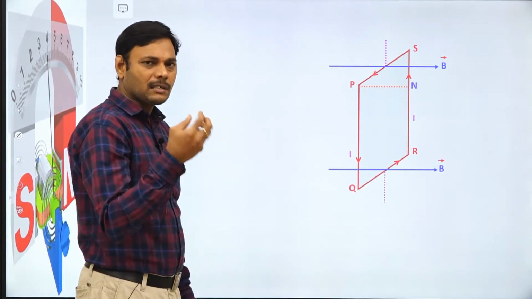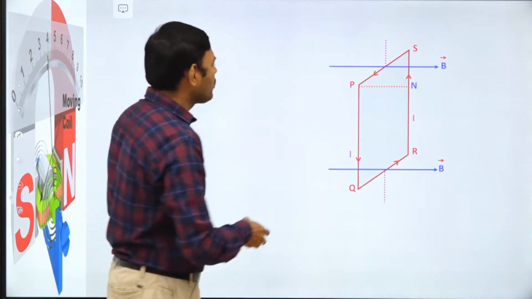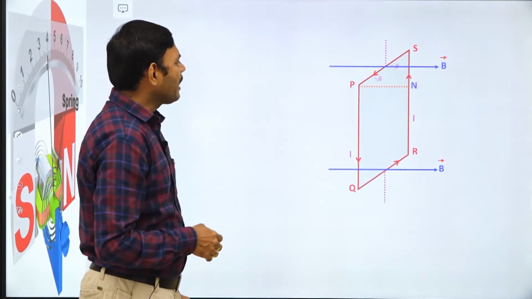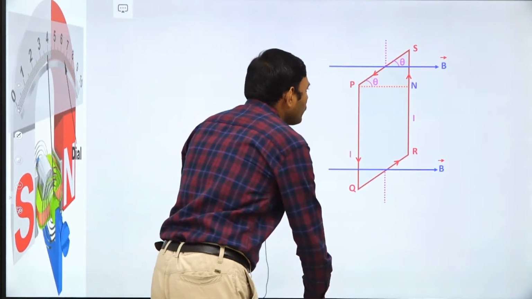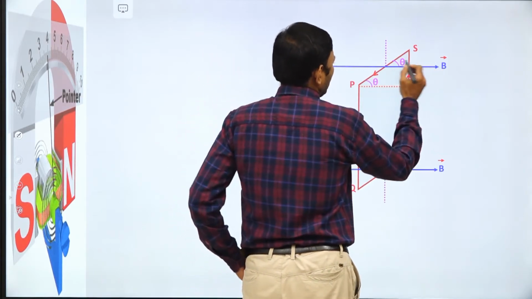We calculate the torque contributed. We concluded that two equal and opposite forces act on the arms PQ and RS, and we have to find the torque acting. Here the angle between the magnetic field and this side is theta.